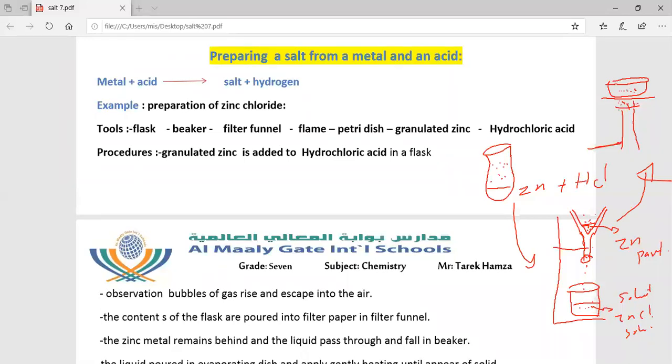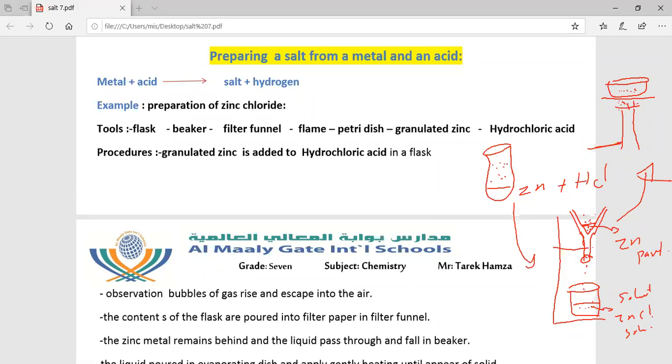Again, we are going to make a simple experiment to prepare zinc chloride. Zinc chloride is an example of how metal reacts with acid to produce salt and hydrogen.